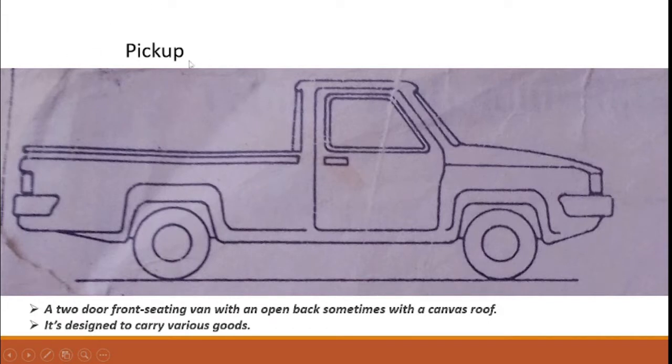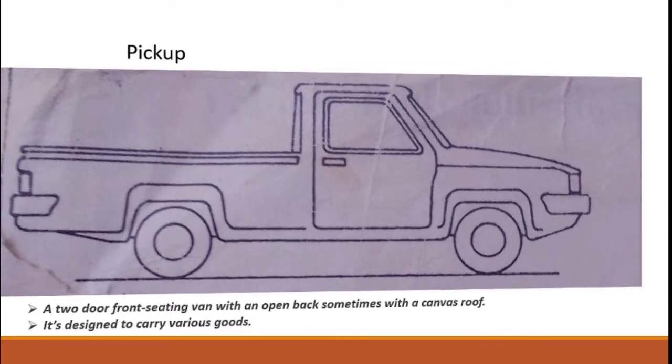Sometimes you can create a cage here to, of course, cover the luggage, and that cage can be covered with a canvas, right? And of course here, the luggage here, we can also have a canvas roof, just at this level here, okay? They are designed to carry various types of goods, right?